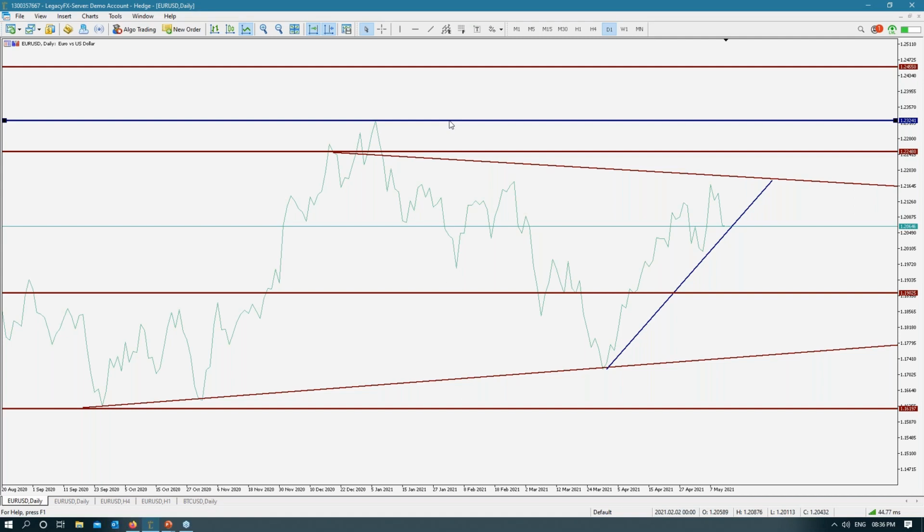One says draw it, the other says no. So in this case, when you get close to this line, you don't look at this blue one, so you don't draw it.